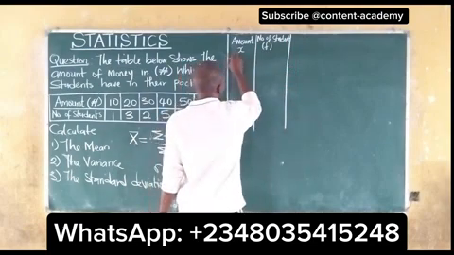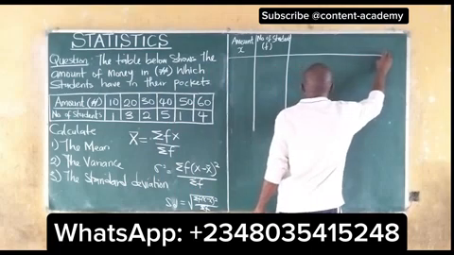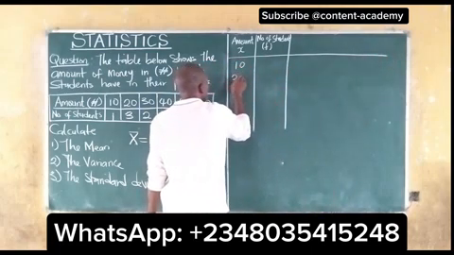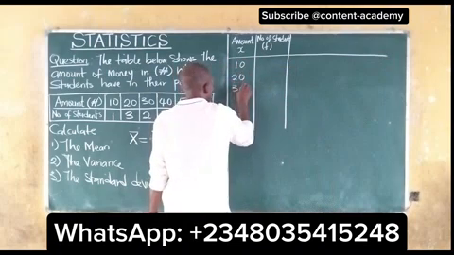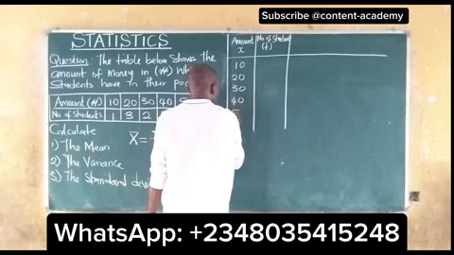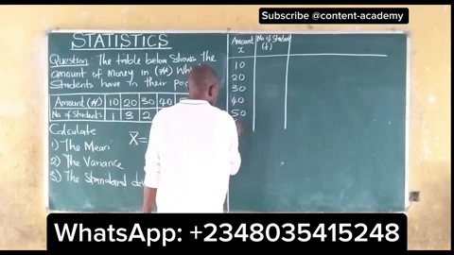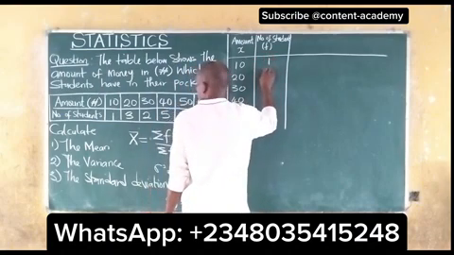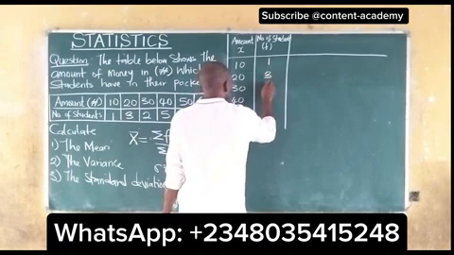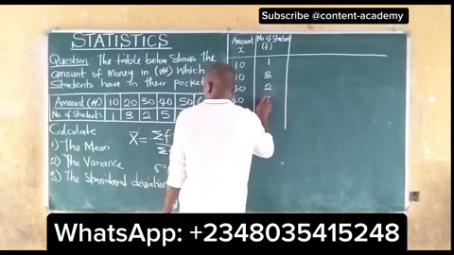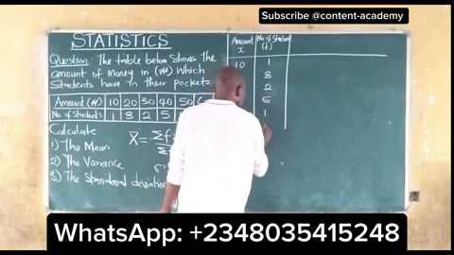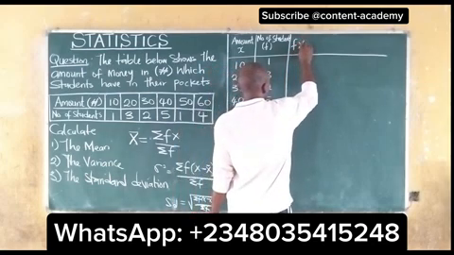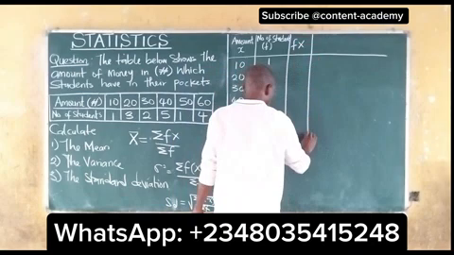Now we have here to be this. So we have 10, 20, 30, 40, 50, 60. The second one, we have 1, 3, 2, 5, 1, and 4. Now, we need to produce f of x for us to get our mean.